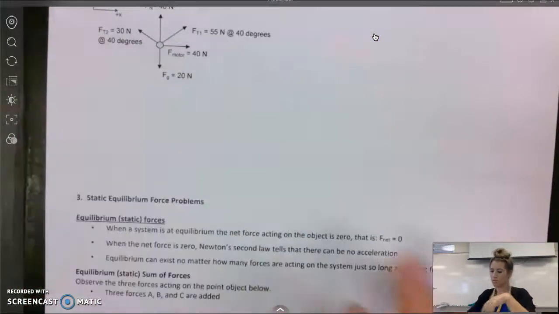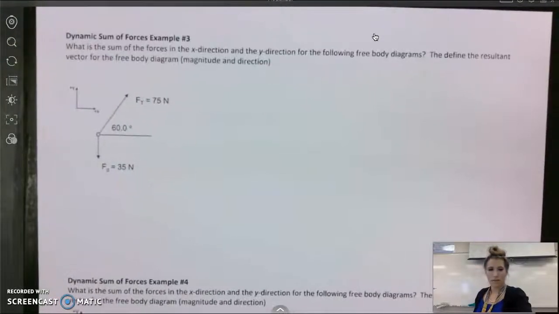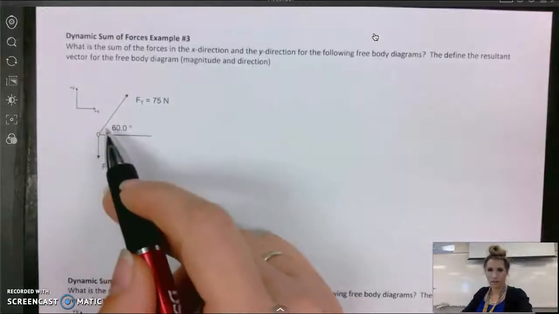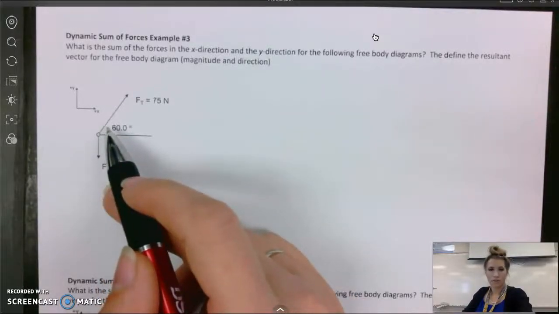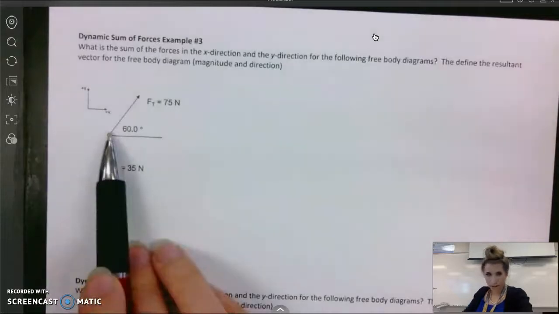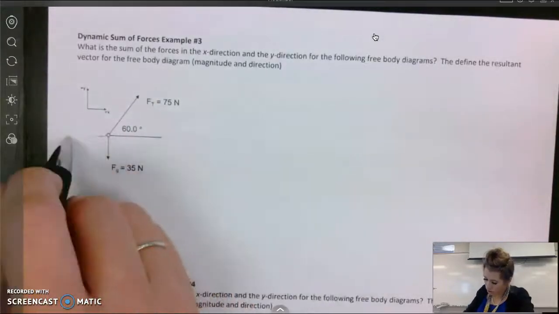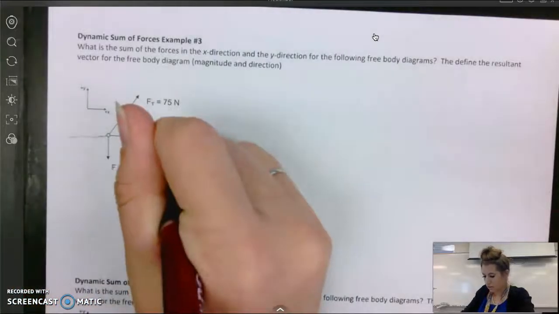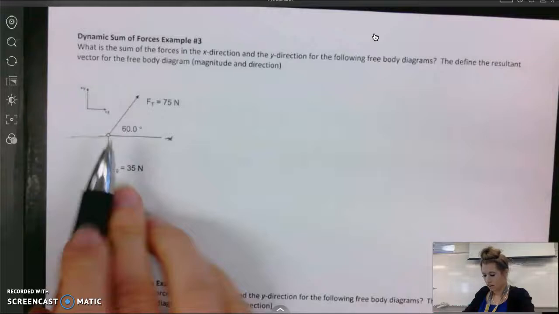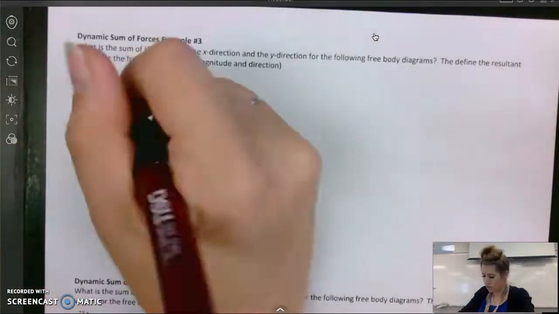Okay, I think we have time for at least starting the next practice problem. So what is the sum of the forces in the x direction, y direction for the following free body diagram? Define the resultant vector for the free body diagram. Okay, so we're at an angle here. So this is not a vector, this is just to show you here's the x-axis, and this angle is 60 degrees from that x-axis, and it's a force due to tension.